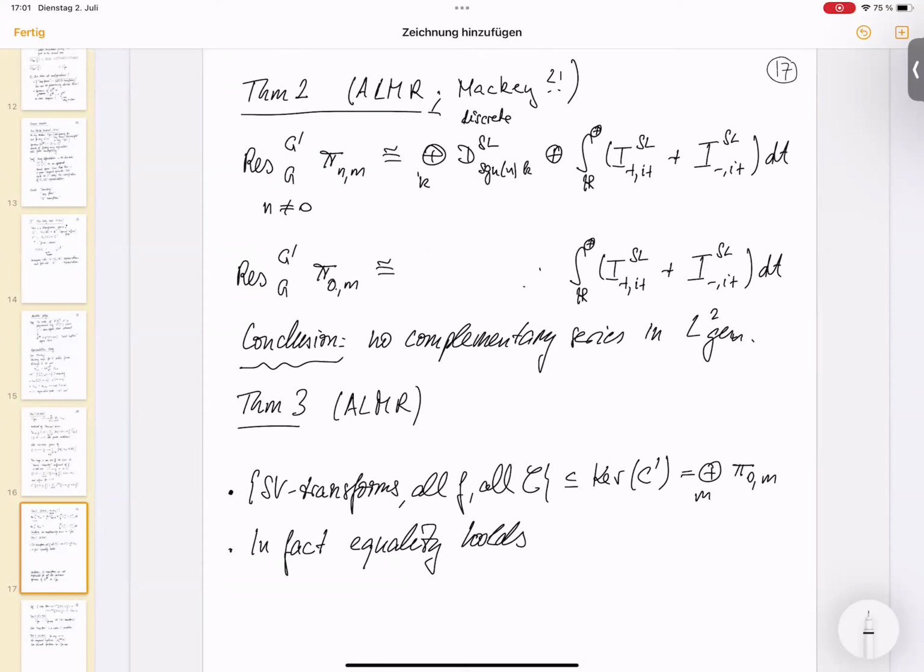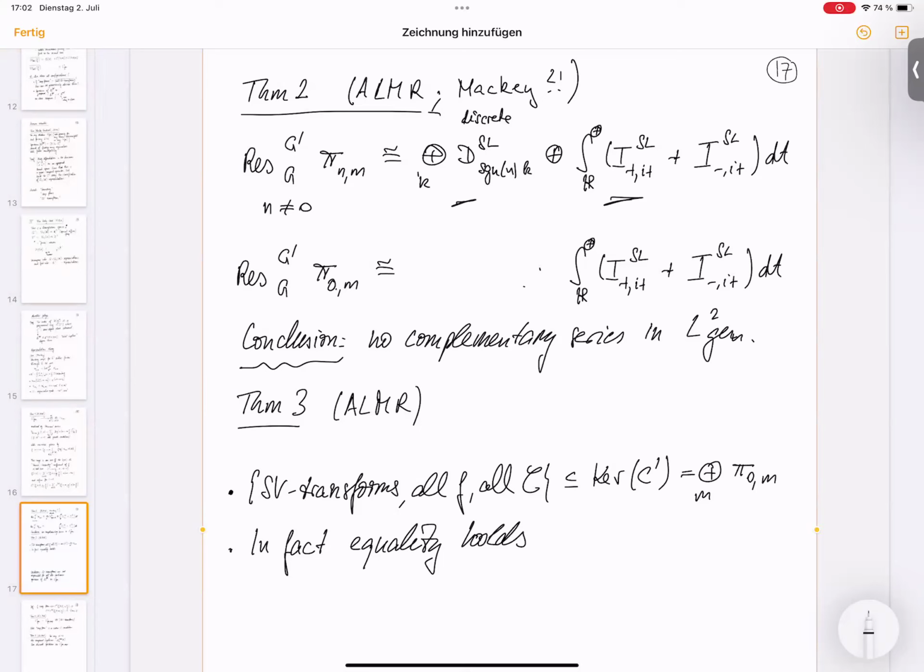Once we have classified the decomposition into G prime representations, we can restrict all those representations pi mn from G prime representations to G representations and see how they decompose into the standard discrete series D and principal series I. There's no complementary series appearing here.